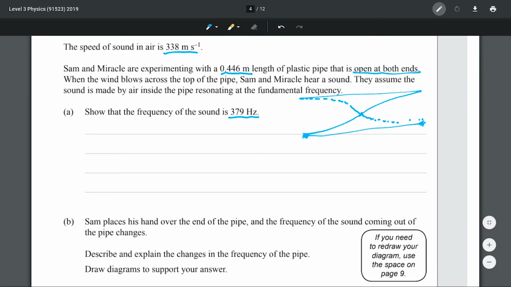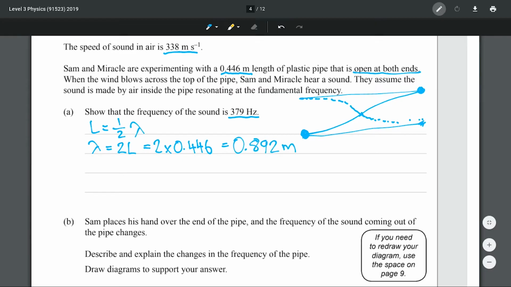In terms of the actual wave, we have a trough here going to a peak here, which tells us that the length of the pipe encompasses half a wavelength, given that a trough to a peak is exactly half of a wave. To find our wavelength, we just need to solve this for L, which isn't terribly taxing. Putting our number in gives me 0.892 meters.